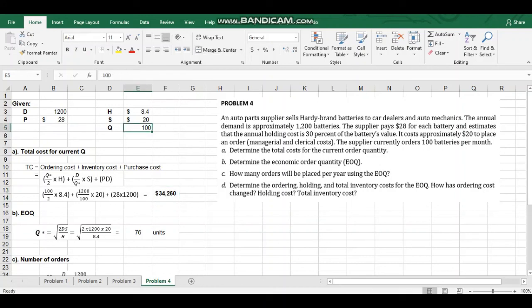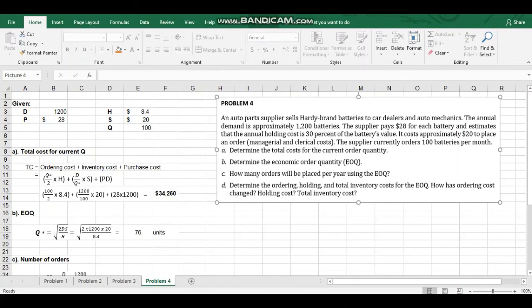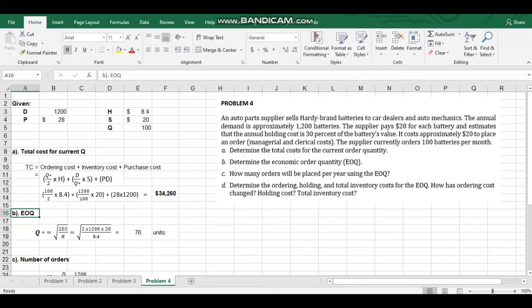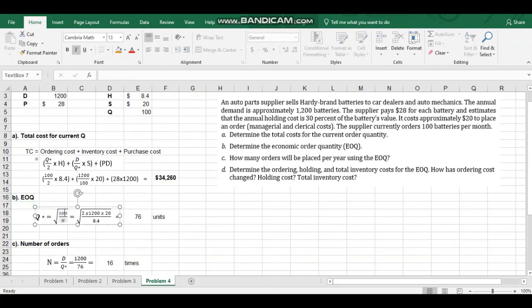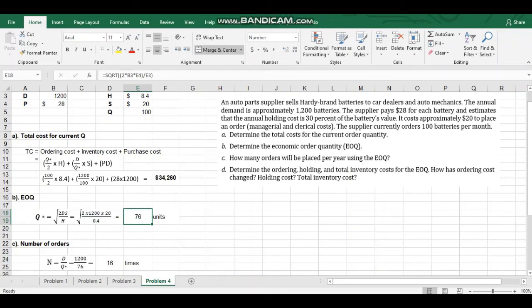And then the next question is we have to determine the economic order quantity. So we have to find the new Q, the new EOQ. Still using the same formula as the previous problem, just input the numbers into this equation, and finally we have 76 units as our new EOQ.